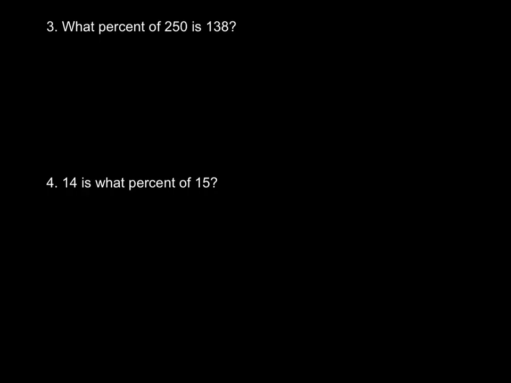Okay, so now I'm going to do again what I already know, is over of equals percent over 100. Okay, what percent, so we know what our what is, it's going to be the percent. Of is on the bottom. So we've got of 250 is 138.